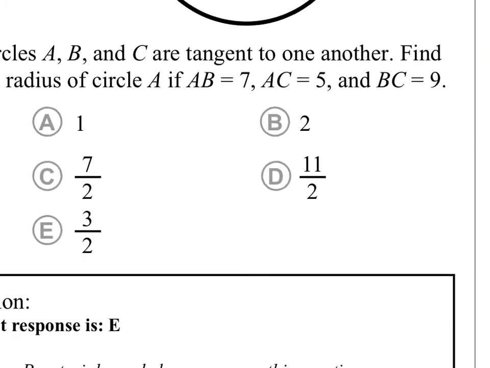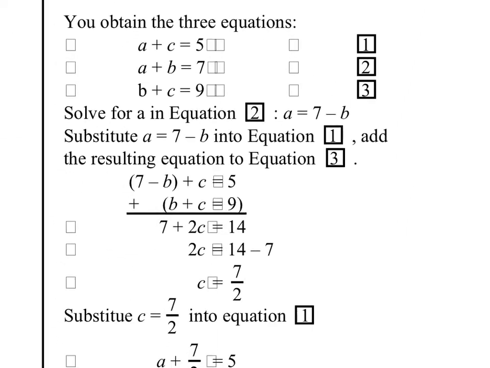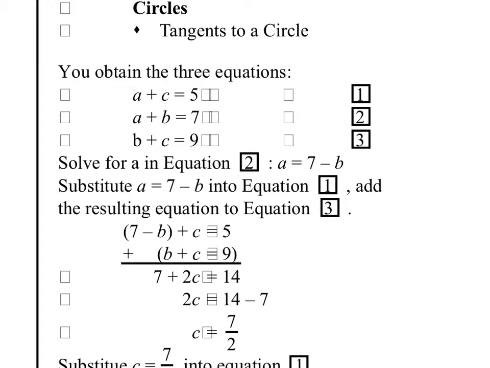So what they've done down here is they've solved for A in equation 2, A equals 7 minus B, and they've substituted A equals 7 minus B into equation 1. So instead of A, they're putting 7 minus B in there.